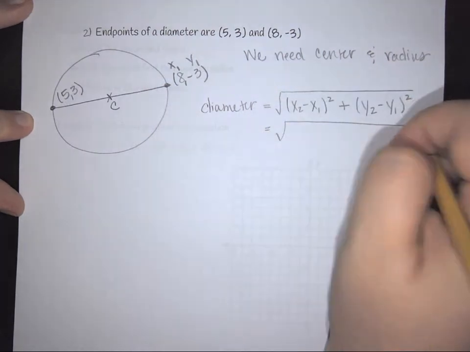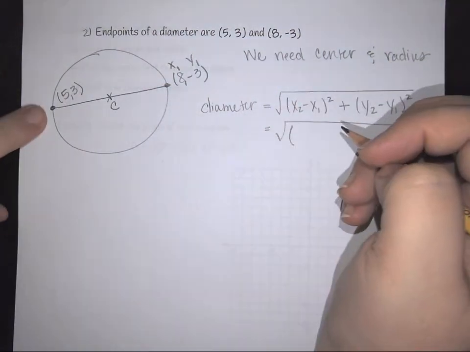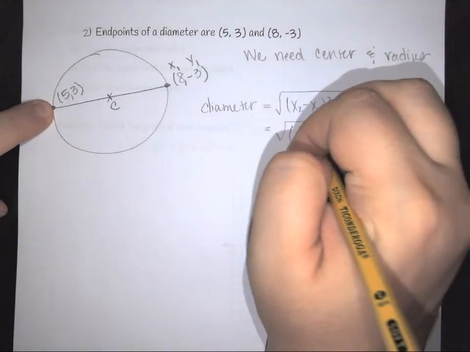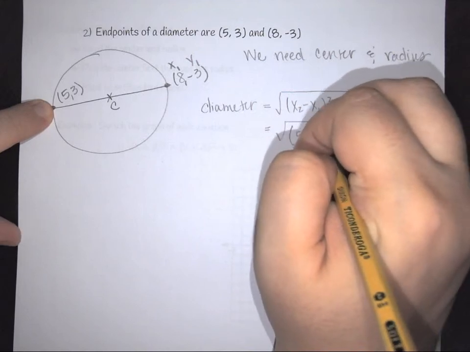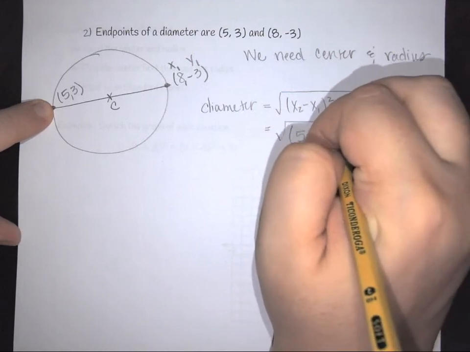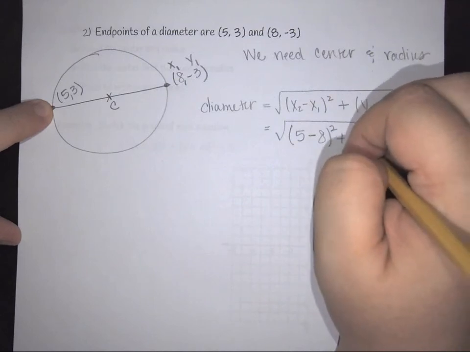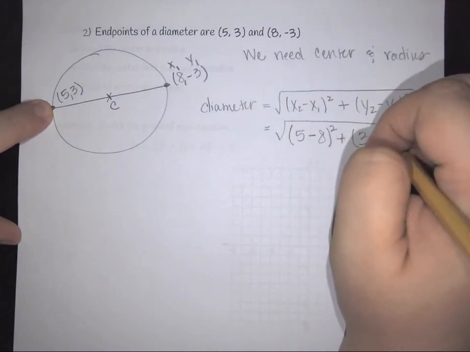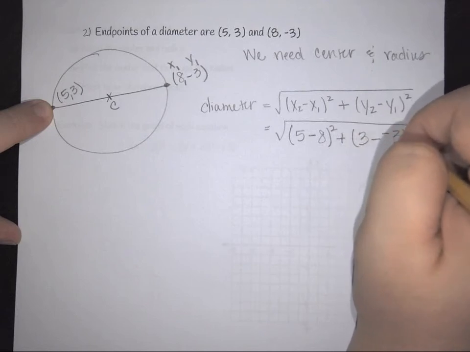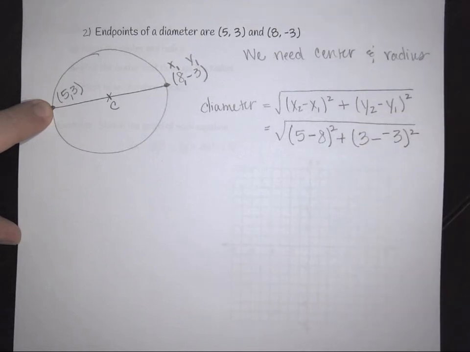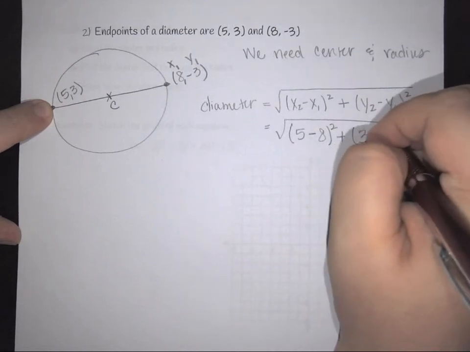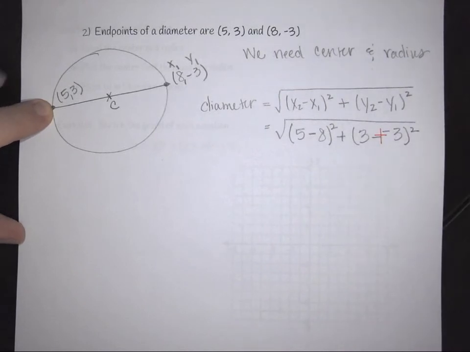Input what we know. x2 is going to be 5 minus x1 is 8, squared, and add it to y2, which is 3 minus y1, negative 3, squared. Again, here we have minus and negative, so that's the same as positive.